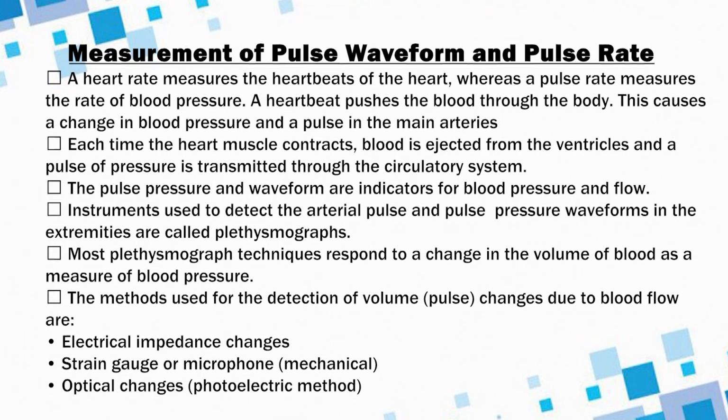Most plethysmograph techniques respond to a change in the volume of blood as a measure of blood pressure. The methods used for the detection of volume or pulse changes due to blood flow are electrical impedance changes, strain gauge or microphone, and optical changes, that is photoelectric method.